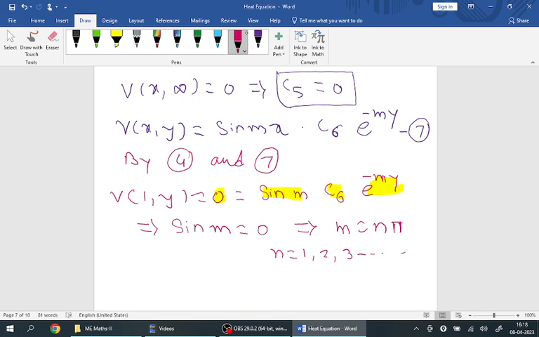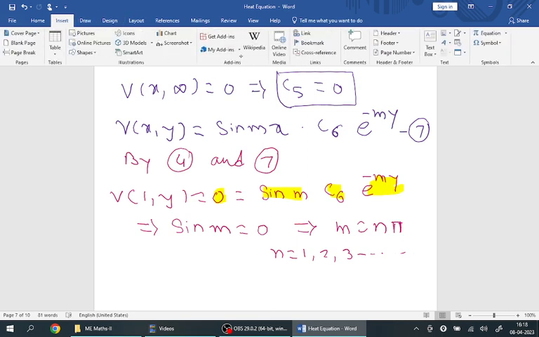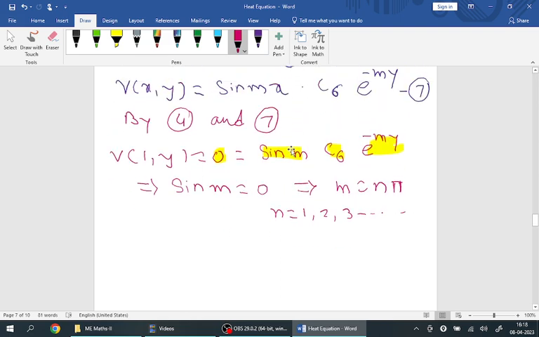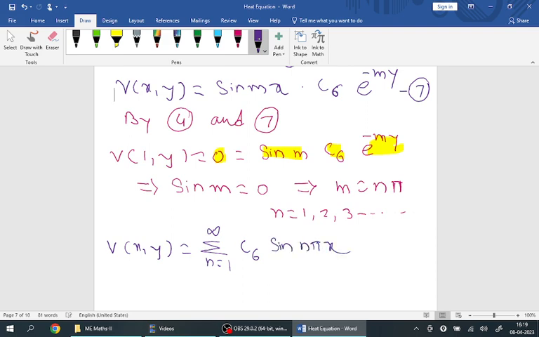So solution 7 becomes v of xy equal to a summation, n varies from 1 to infinity, c6 constant as it is, sin n pi x into e raised to minus n pi y. That is solution 8.